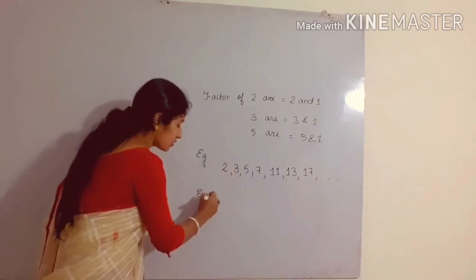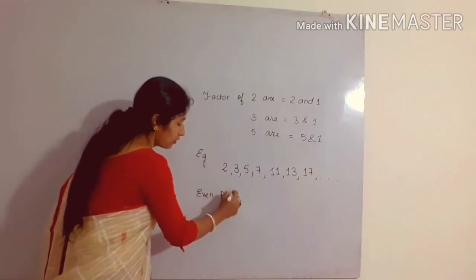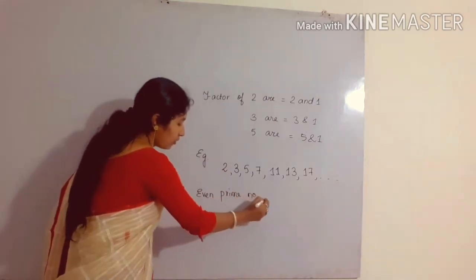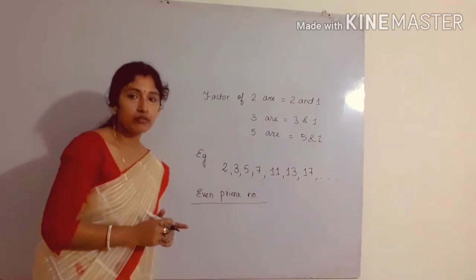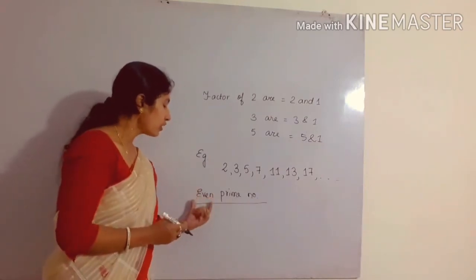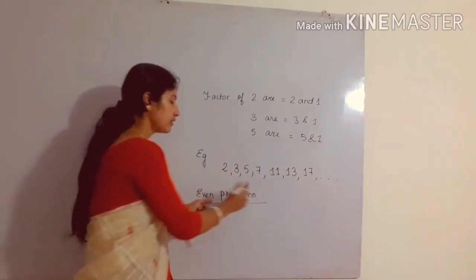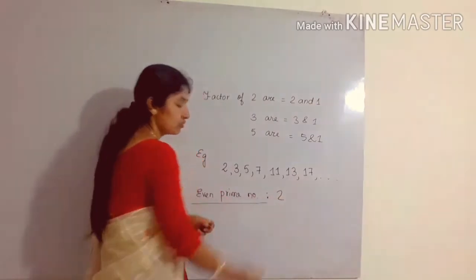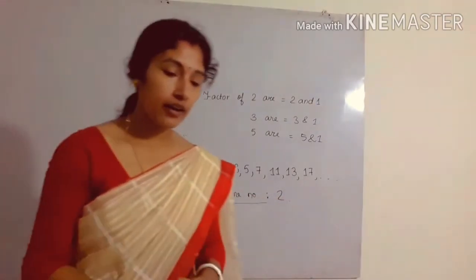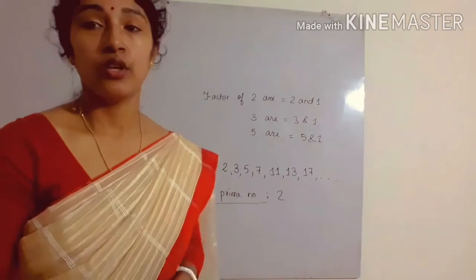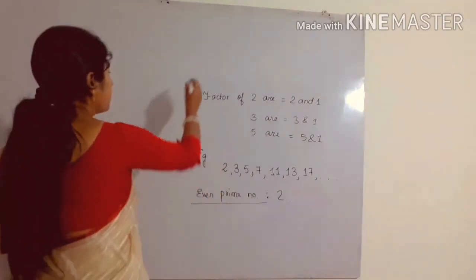This is also called the even prime number. Why even prime number? Already you know what even numbers are. So the only even prime number is 2. So this is about prime numbers.